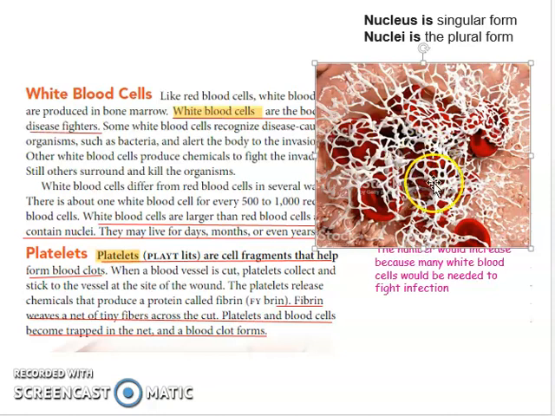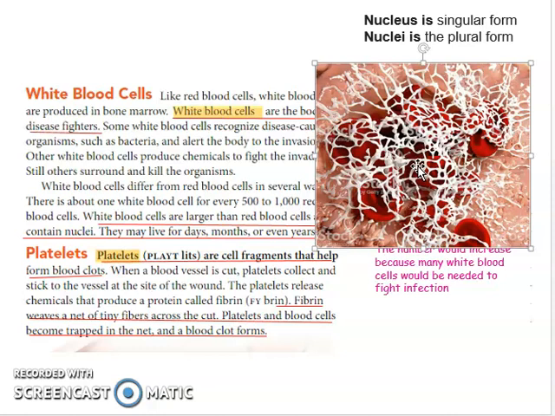This is very helpful because without the fibrin, red blood cells and other blood components would flow out, and the bleeding will not stop. That's why fibrin is very important in our body.